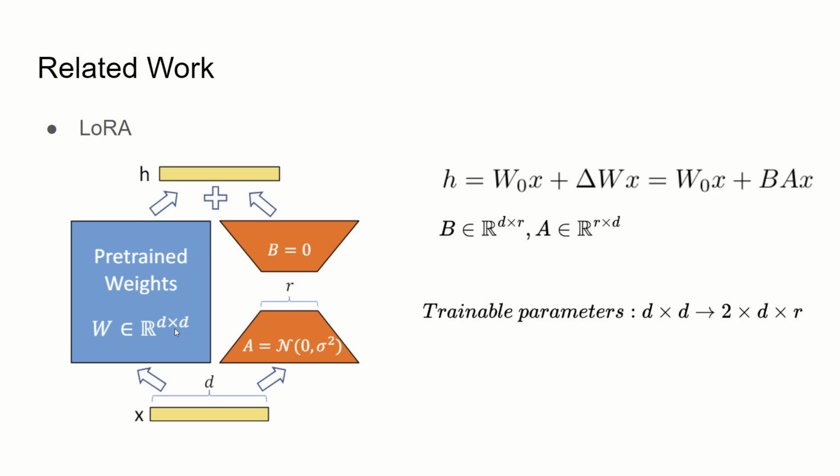They freeze the pre-trained weights and introduce an adapted matrix delta W, which can be decomposed into B times A. The shape of B times A maintains the d times d shape. However, since r is much smaller than d, the trainable weight is significantly reduced from d times d to 2 times d times r.